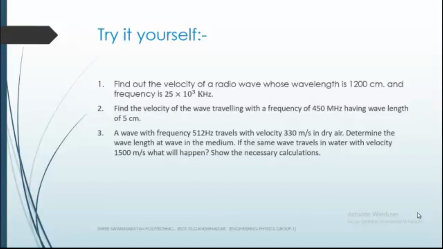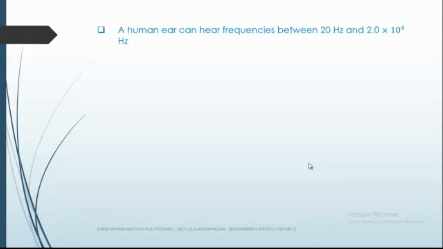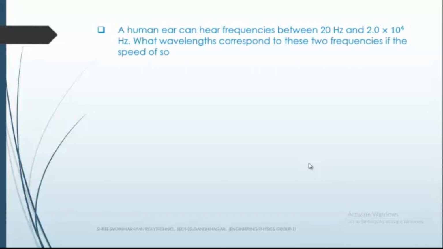Now one more example. A human ear can hear frequencies between 20 Hz and 2.0 into 10 raised to 4 Hz. What wavelengths correspond to these two frequencies if the speed of sound is 330 meter per second?